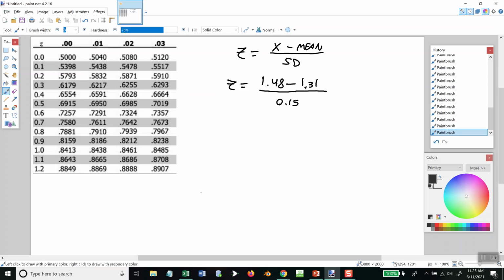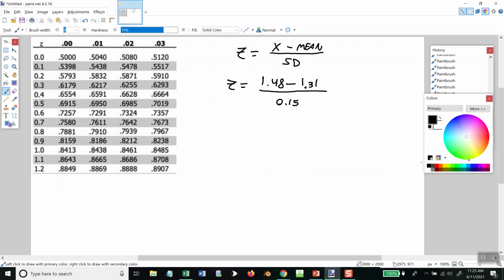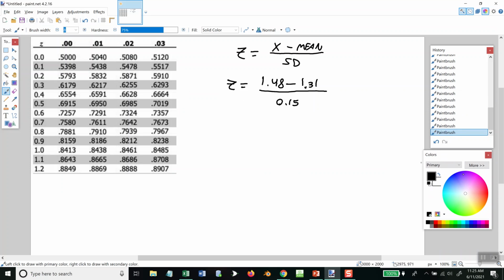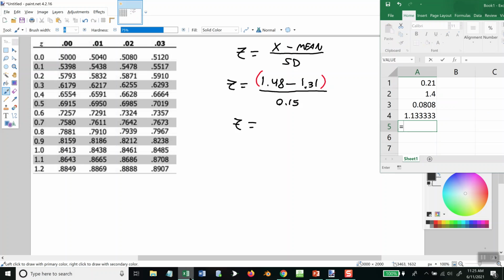Okay, now when you plug this in your calculator, oops, what did this do? Let's try it again. You want to make sure you put parentheses around the top. Or you can do it separately like I'm going to do it. So I've got 1.48 minus 1.31, which gives us 0.17.